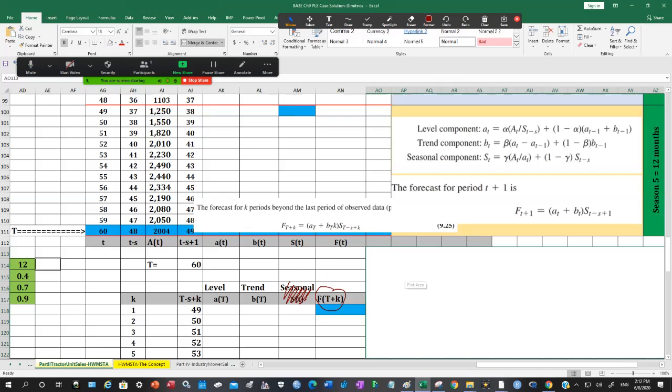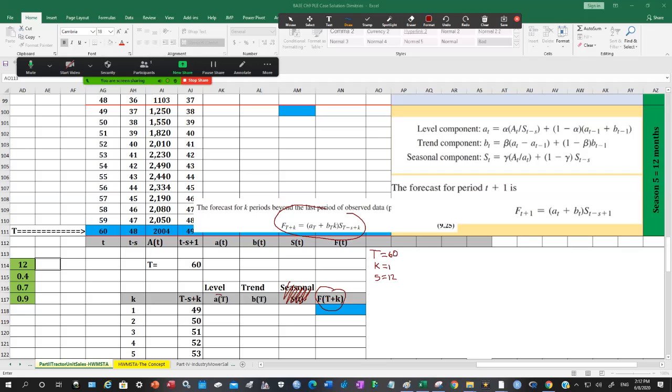I want to use this formula right here. We know that t equals 60, we know that k equals 1, and we know that lowercase s equals 12.